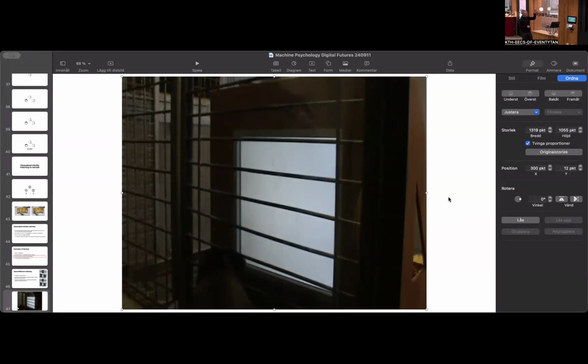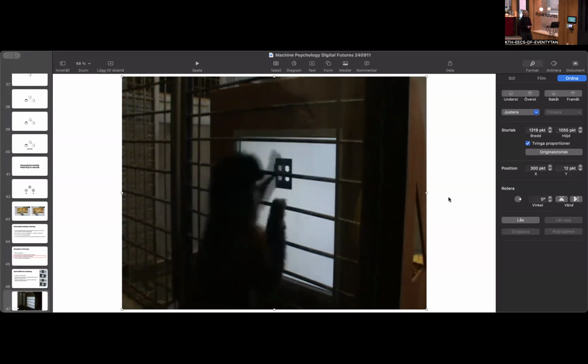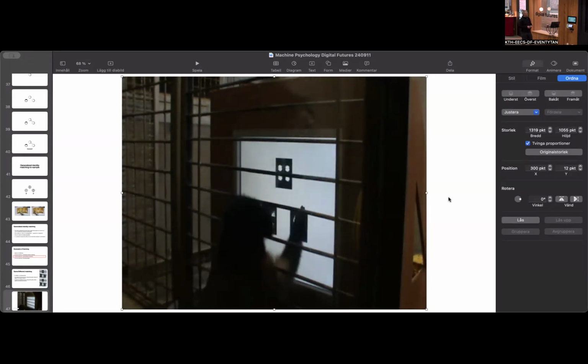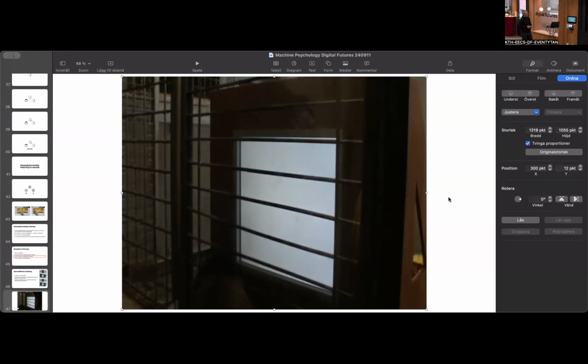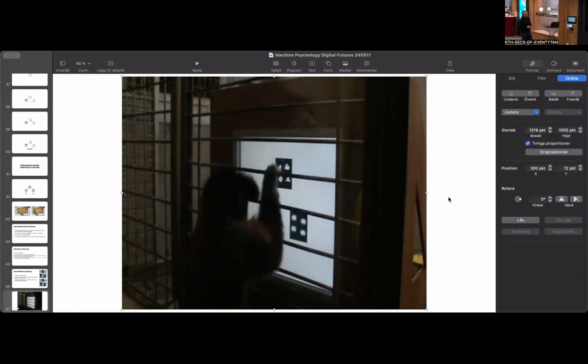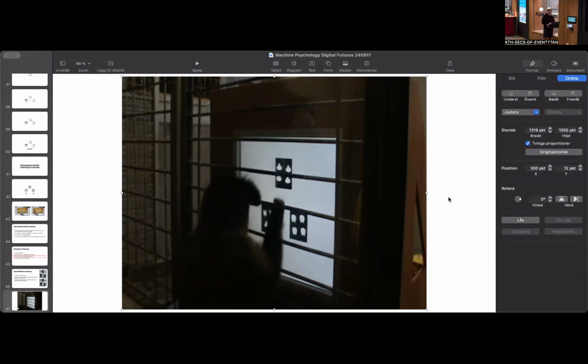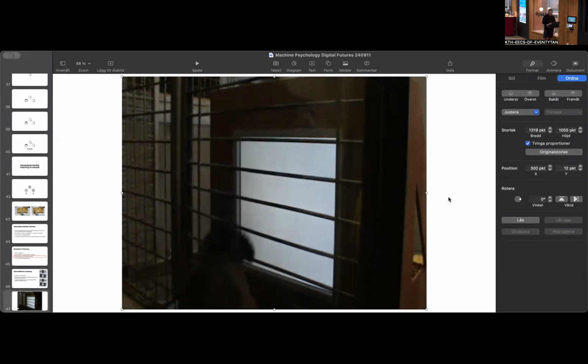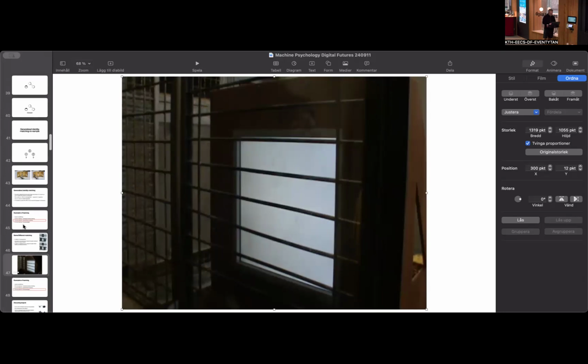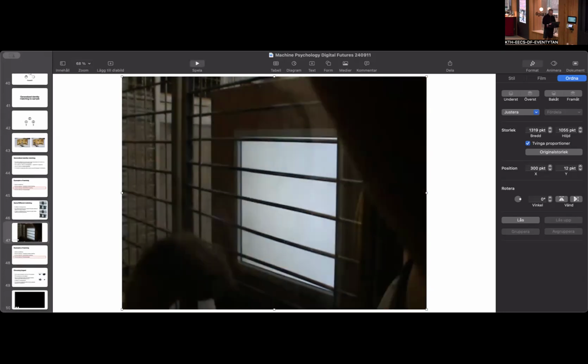It needs to touch the top one to get the bottom ones. So this is another example of what animals can do.